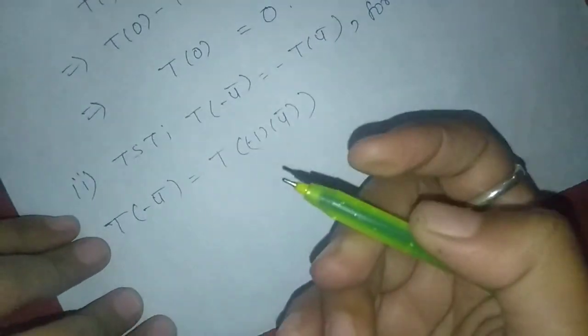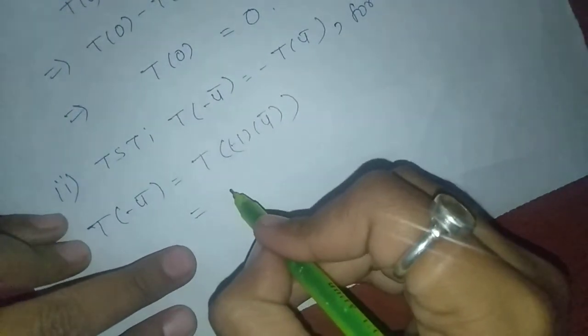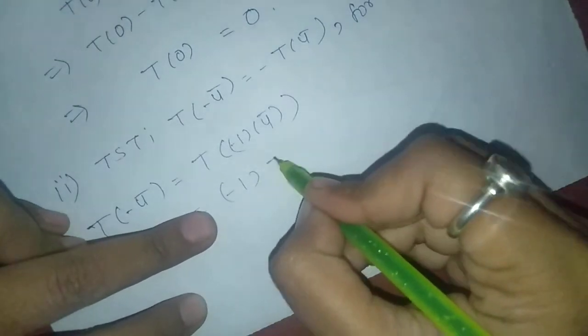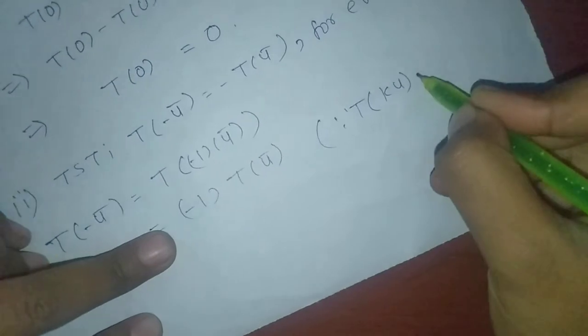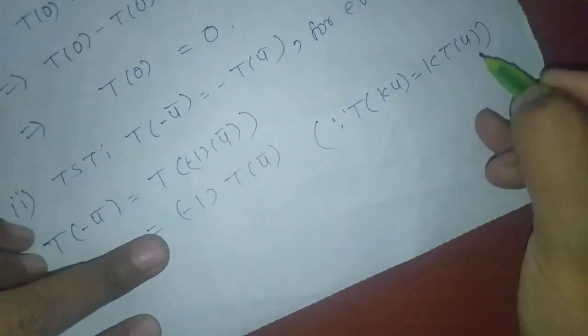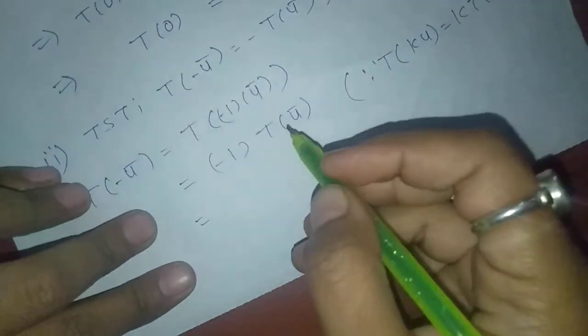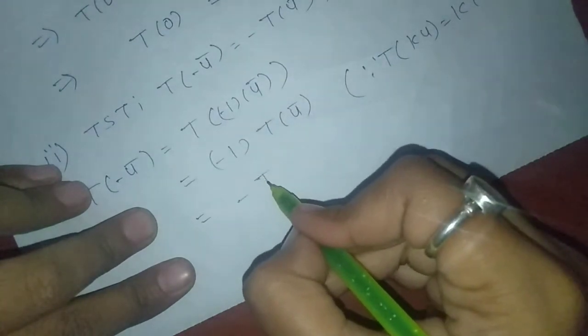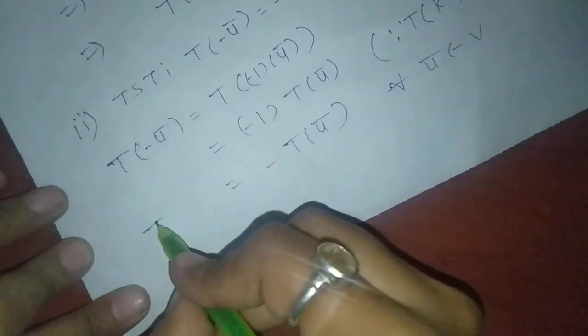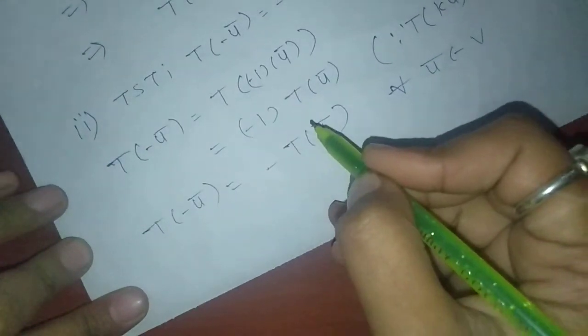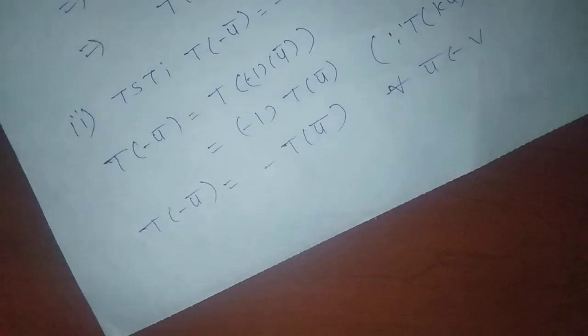Here minus 1 is nothing but a scalar, so take it outside by definition of T: minus 1 into T of U bar, since T of K into U equal to K into T of U. So minus 1 T of U bar equal to minus T of U bar. This is for every U bar belongs to capital V. We have T of minus U bar equal to minus T of U bar if T is a linear transformation.